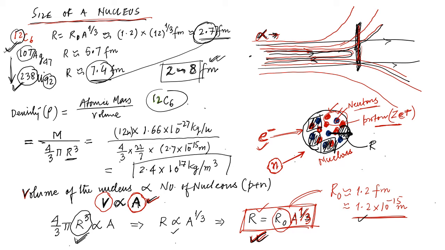You see how dense the nuclear system is. 1 meter cube is like 10 to the power 17 kilogram. This is a very high density, and it is essentially the same for all nuclei. You can calculate it yourself and you will find it.